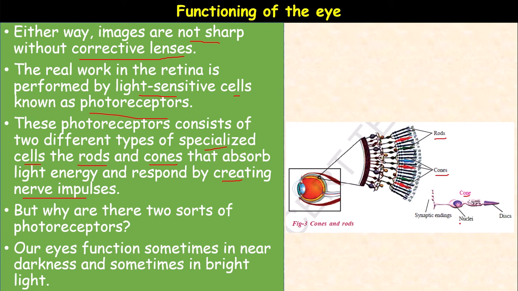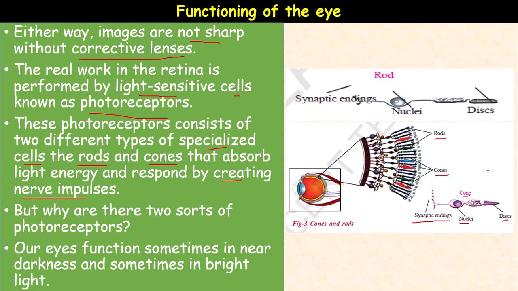If you take a cone, it is having a nucleus, the synaptic endings are present and possess the discs. What is the function of these cones and rods? They convert the light energy into nerve impulses and pass that message to the optic nerve, which carries it to the brain.